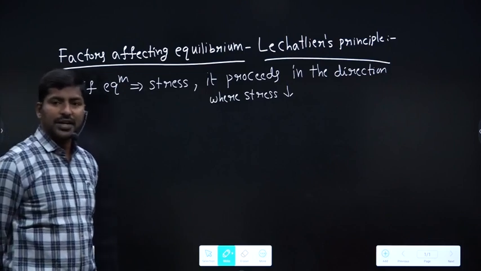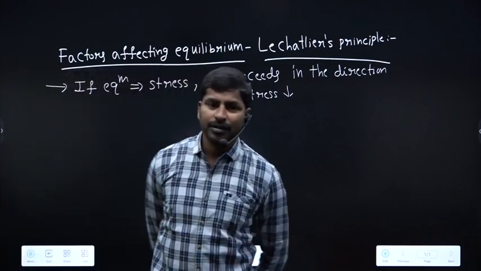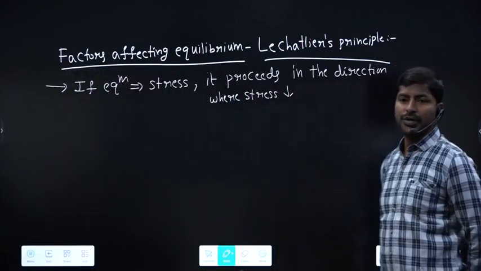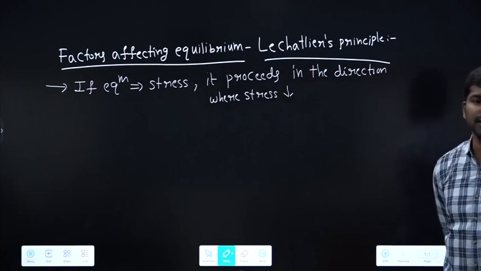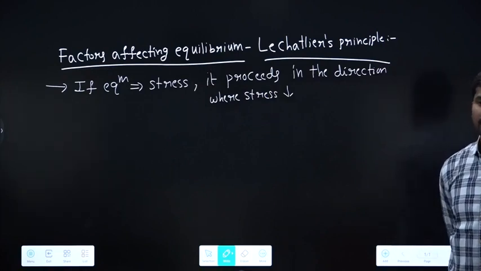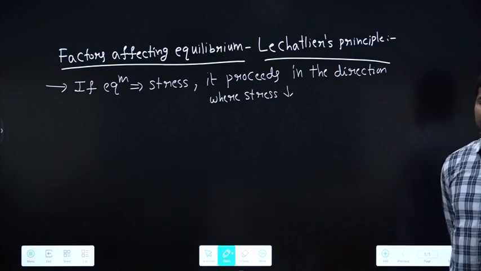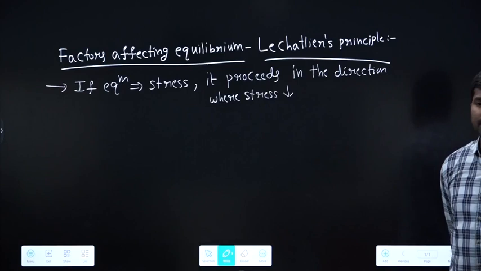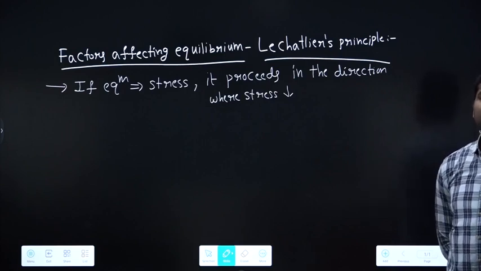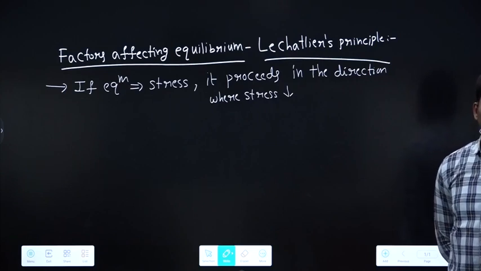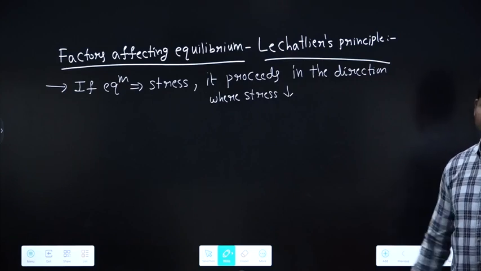For example, if we are increasing the concentration, then equilibrium proceeds in the direction where concentration decreases. If we are increasing the pressure, equilibrium proceeds in the direction where pressure decreases. If we are increasing the temperature, equilibrium proceeds in the direction where temperature decreases.